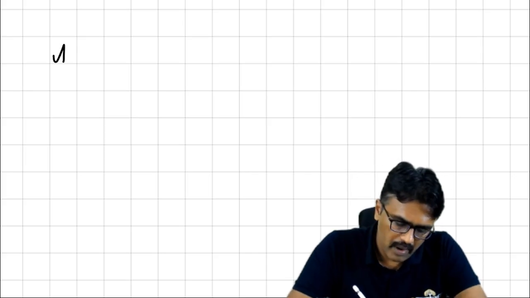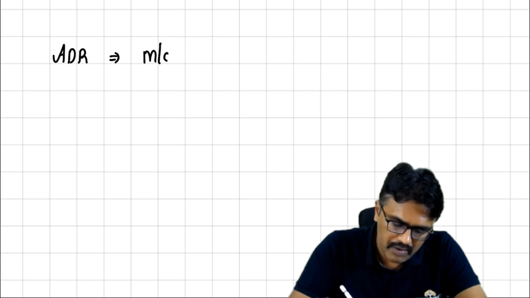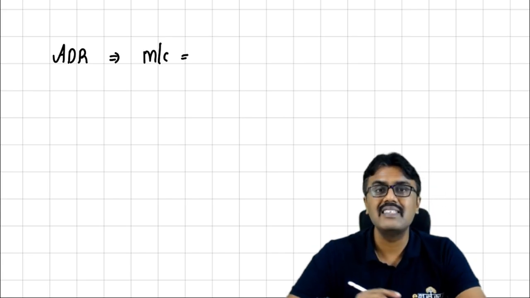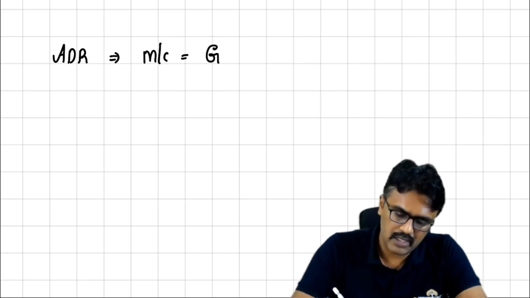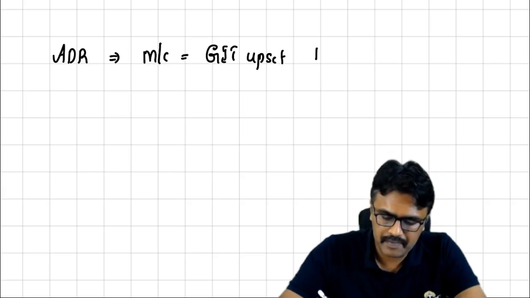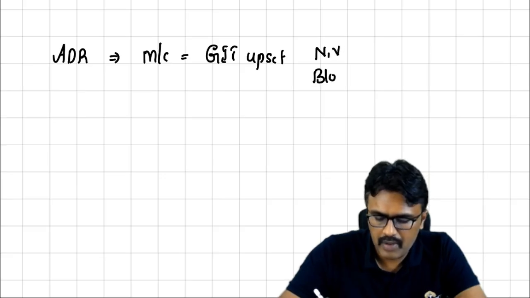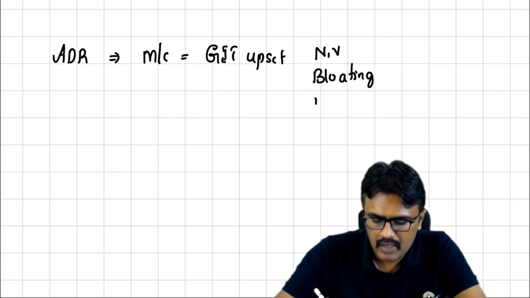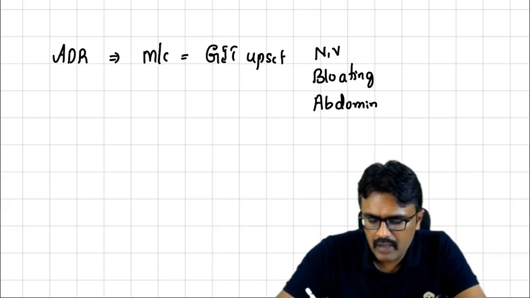Now, do we have any problem with the drug? The most common ADR we face is GIT upset. The patient will have nausea, vomiting, bloating, and abdominal pain. This is commonly reported by the patients.